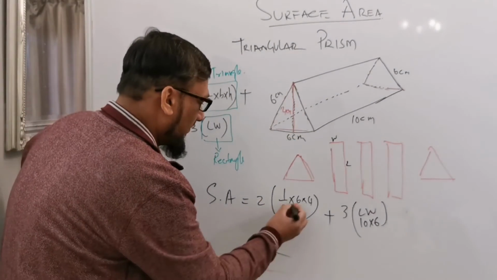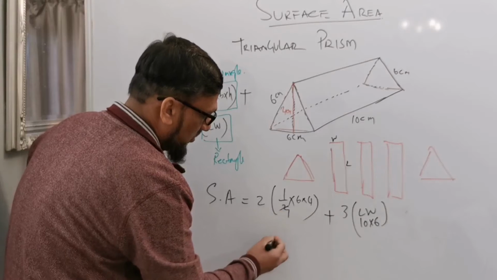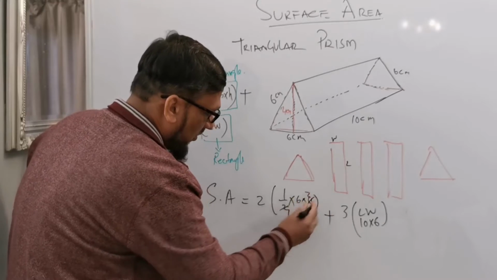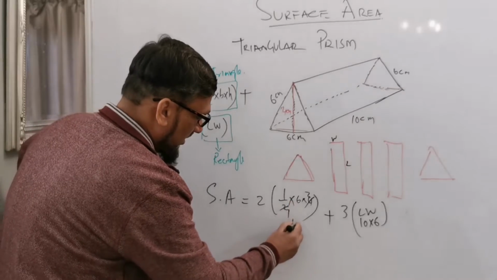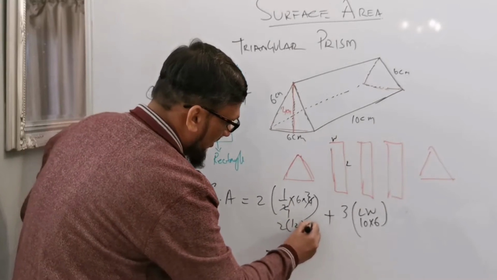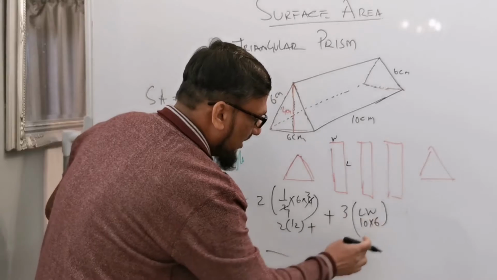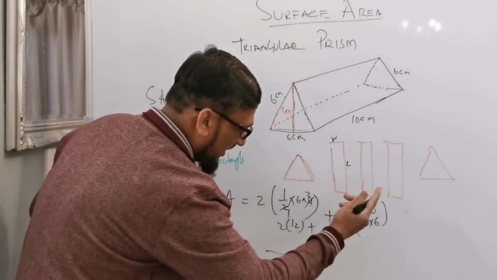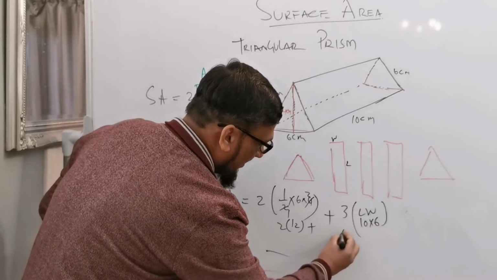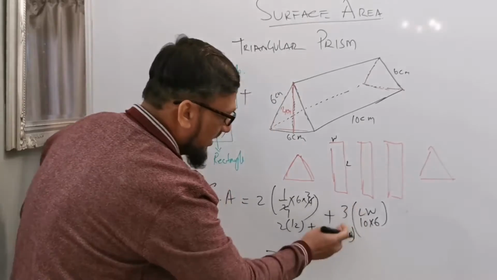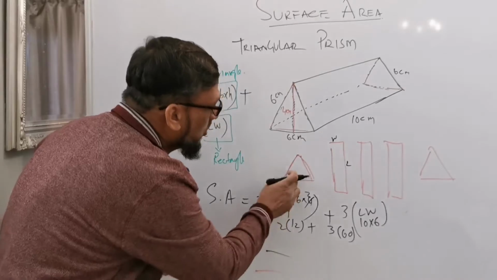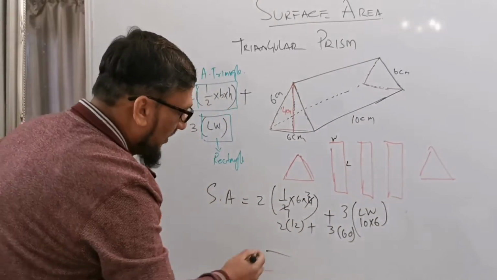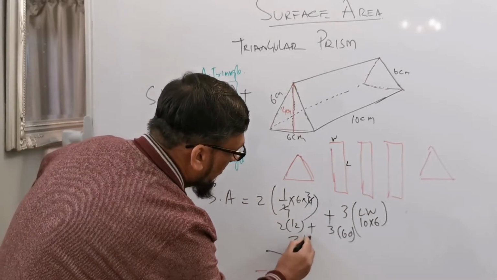So it means half times 6 times 4 is 12. Okay, and 10 times 6 for the area of the one rectangle is 60. How many triangles? There are 2 triangles. So 2 times 12, which is 24.